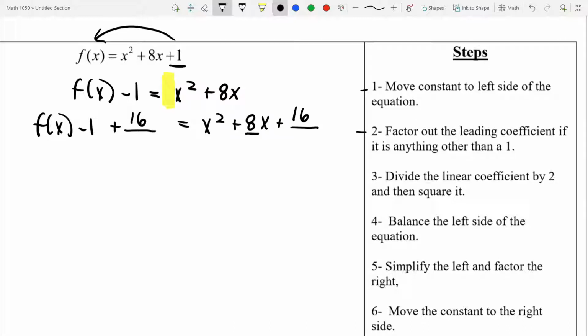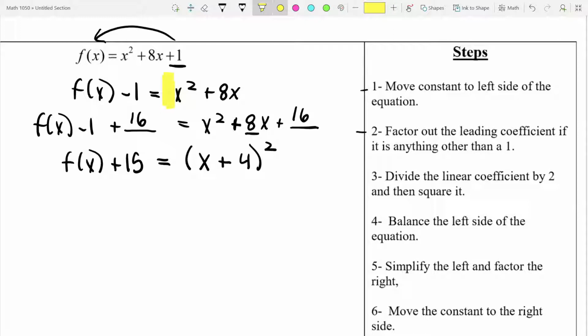Step number 5 says to simplify the left and factor the right. So the left would then be f of x plus 15 equals, now I'm factoring the right-hand side. So the x to the second goes to an x. Do you see how this 8x is a positive? The positive goes there. Then the square root of 16 is a 4, and the whole thing is squared. People raise their hand, and this is what they say.